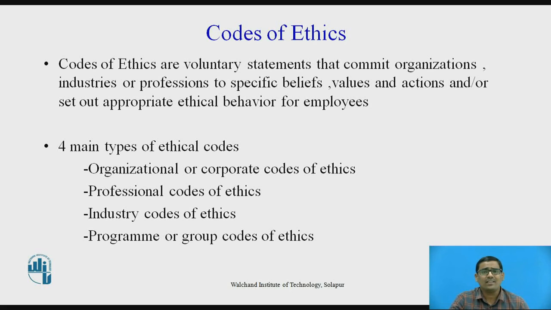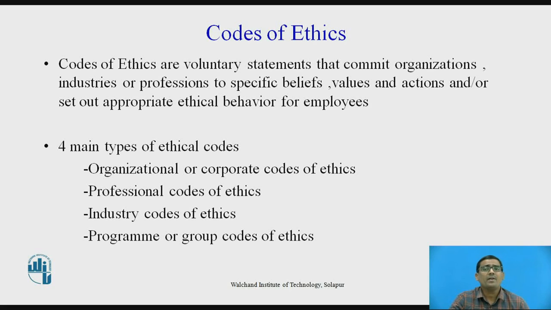If we analyze the definition, we find there are two or three important keywords guiding it. Codes of ethics are voluntary statements, meaning these have been arrived at voluntarily by the organization, because this is what we believe they will be doing and this is what they will be aiming for. Codes of ethics are voluntary statements that commit the organization.